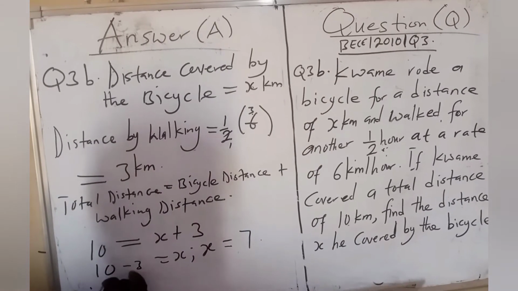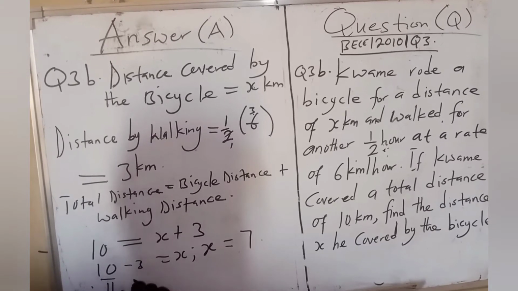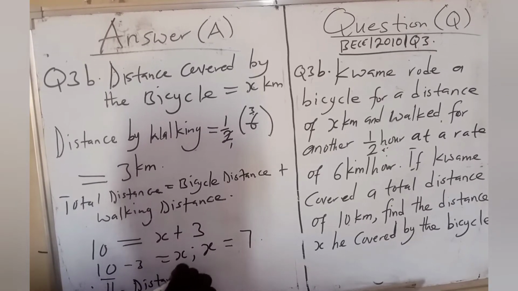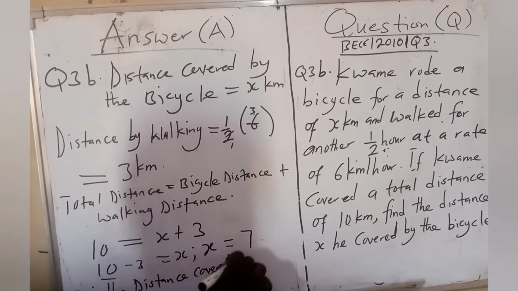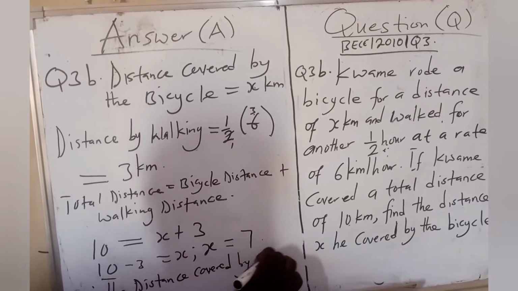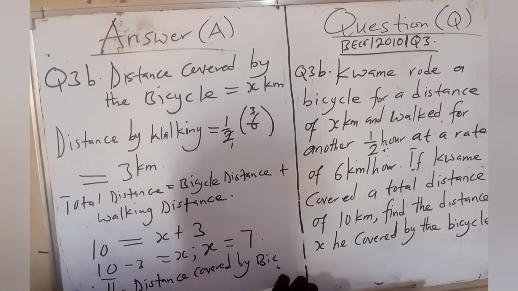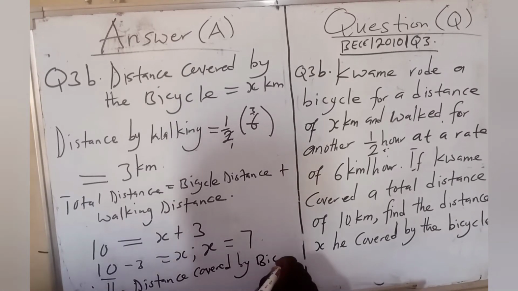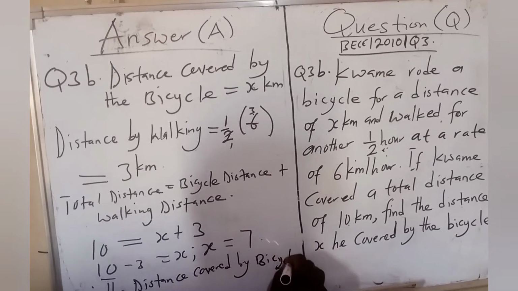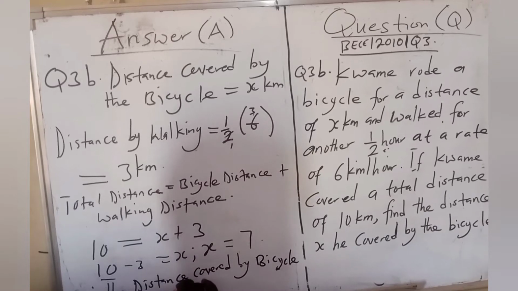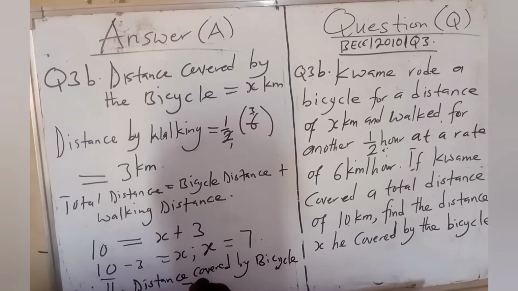Therefore, the distance covered by bicycle is equal to 7 kilometers.